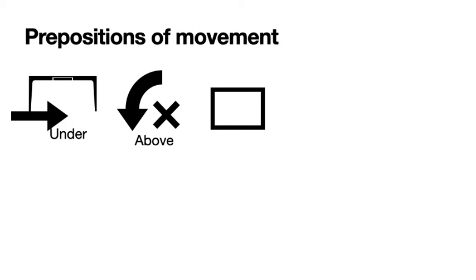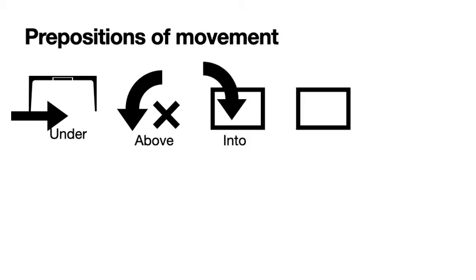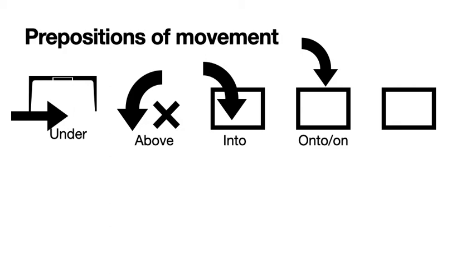Imagine this is the class, I go into class. If I step onto or on the table, I'm moving to touch the surface of the table. If this is again the class, I go out of class.